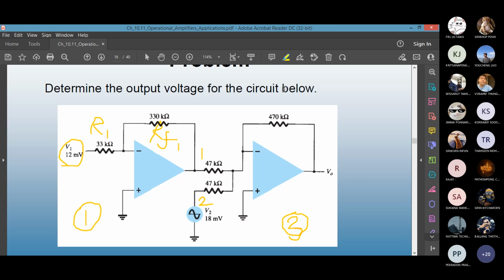How many times larger? 10 times. So you have 12 millivolt, it will be multiplied by 10 times. You get 120 millivolt, plus or minus? Minus. You're gonna get minus.